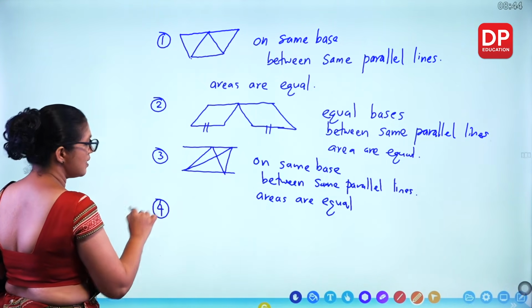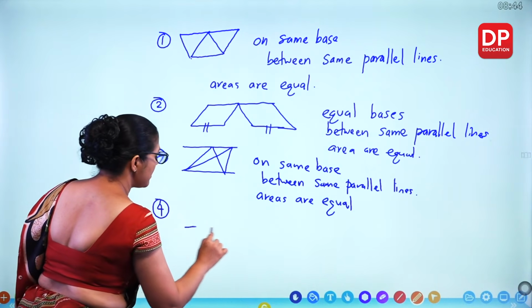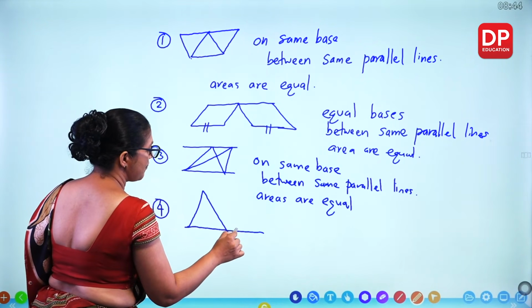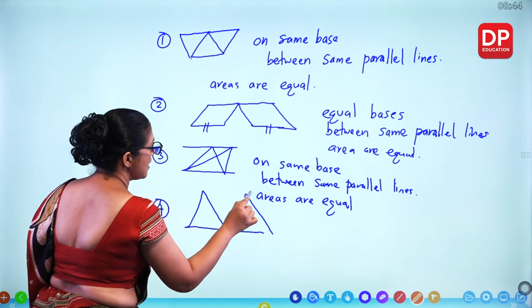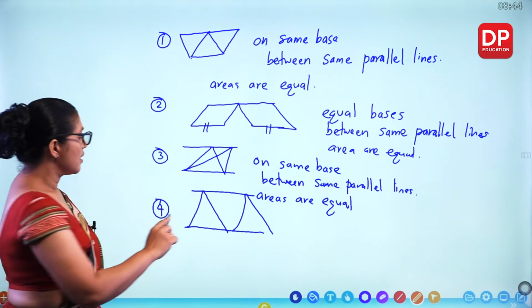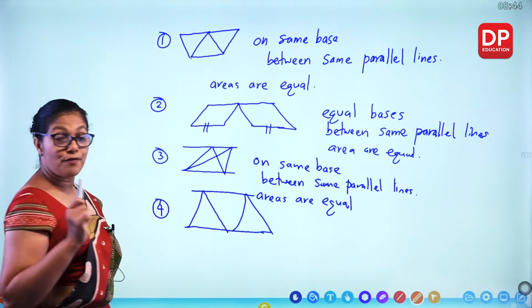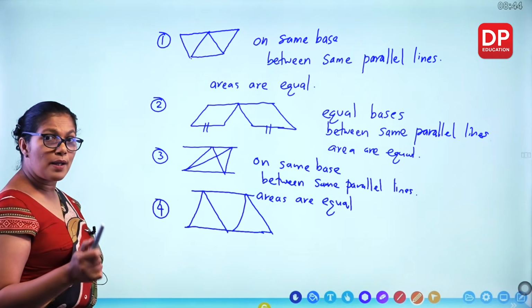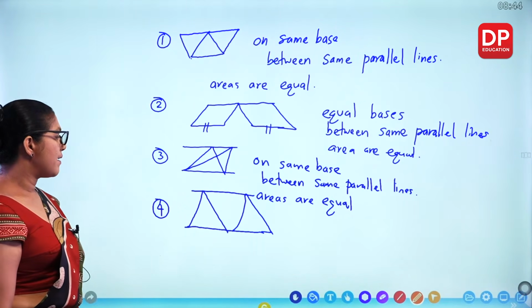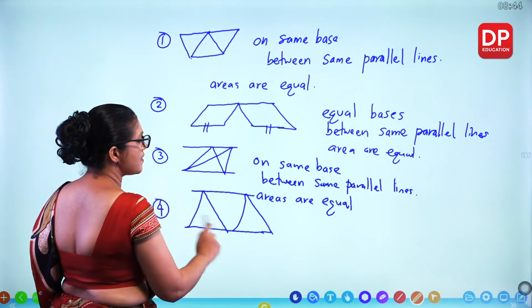The fourth one, that's also about triangles but not the same base. Equal bases. In the fourth one it says equal bases but in between the same pair of parallel lines. The areas are equal.